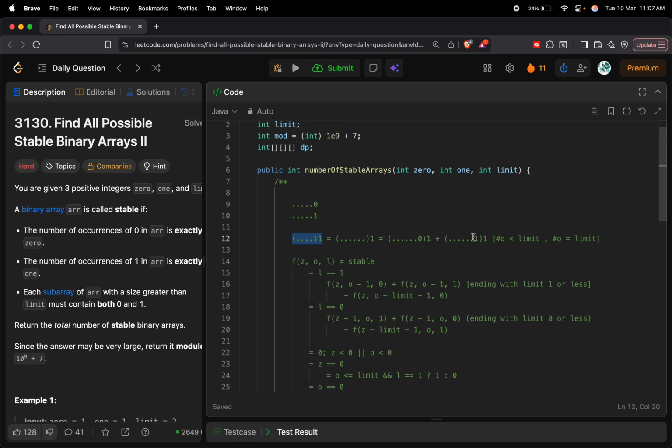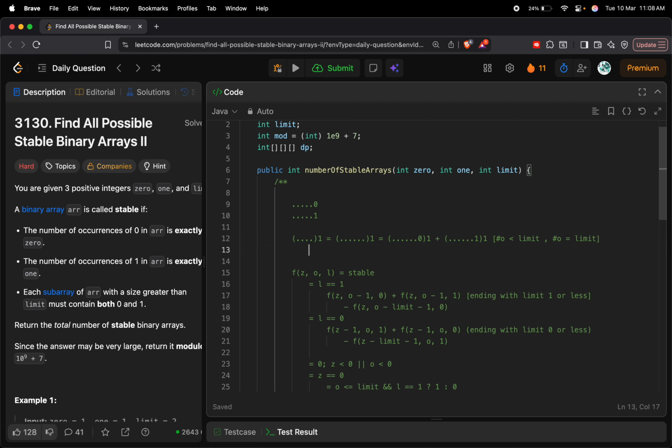The number of stable arrays formed from this will contain the continuous zeros where the number of zeros is less than limit and where the continuous zeros is equal to limit. If we also consider the continuous ones being exactly equal to limit, then adding 1 to it will result in an unstable array. That means this contains both of the solutions, and I have to subtract the solutions which are contributing to this.